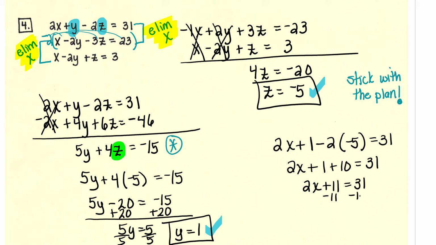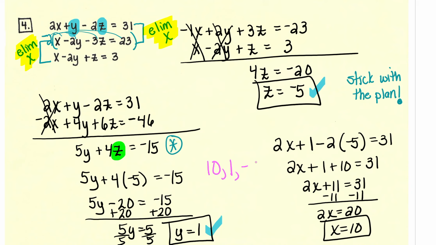Subtract your 11 over. So 2x is equal to 20. Dividing by 2, x is equal to 10. And then you have your answer: x, y, and z. Always in order, x, y, z.